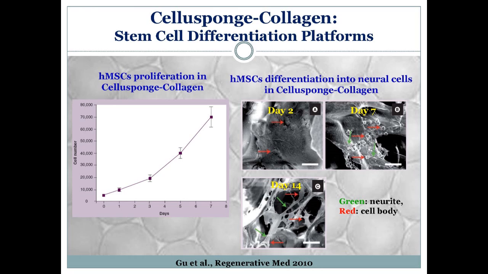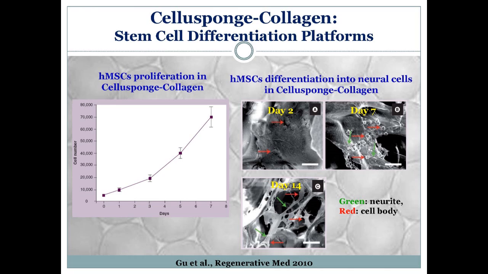In the figure on the left, you see cell proliferation of human MSC in cellosponge collagen at different time points. The number of human MSC cultivated in cellosponge collagen increased by more than 14-fold after 7 days.